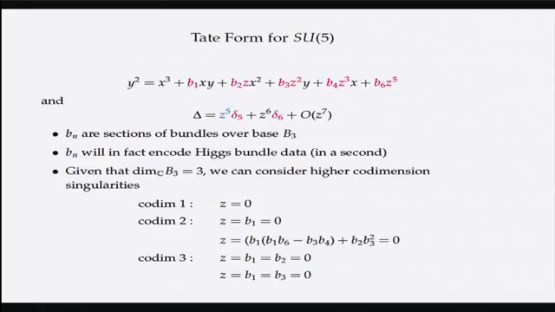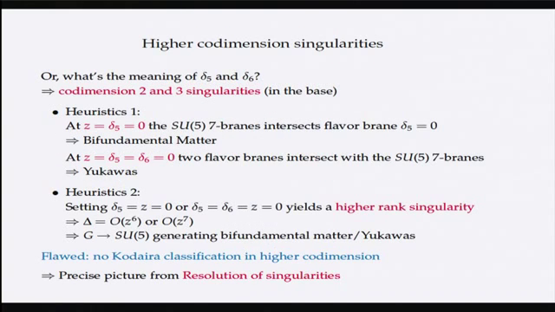There are some intuitive things that we should keep in mind before we actually go and construct the fibers, resolve the fibers, and look at what's happening there. So the heuristic is, z equals delta 5 equals 0 is like we have a GUT brane that's at z equals 0, and then delta 5 equals 0 is a second condition.